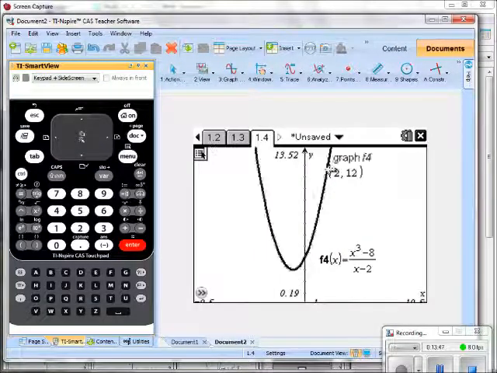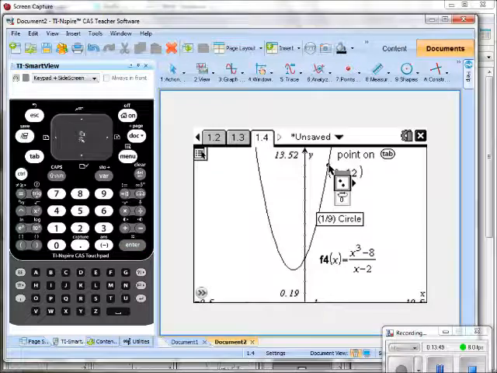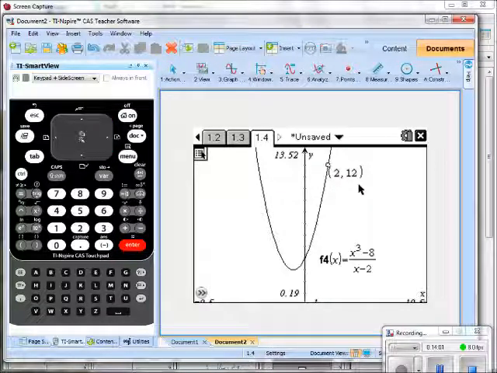Menu, actions, attributes. If I go to that point, I can open up another menu where, using the left or right, I can put various types of icons there. And so I can put an open circle there that would indicate that it does not exist. It absolutely does not exist.